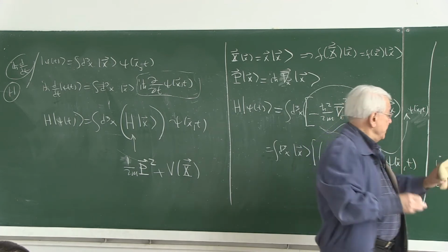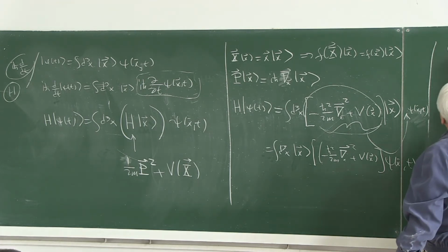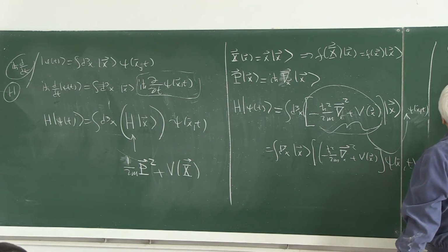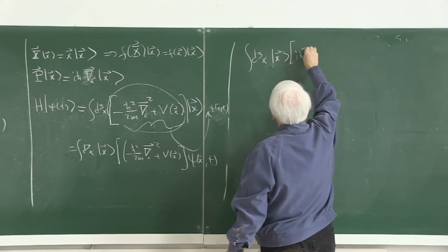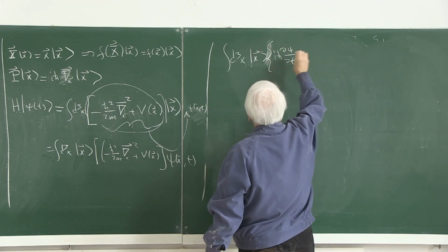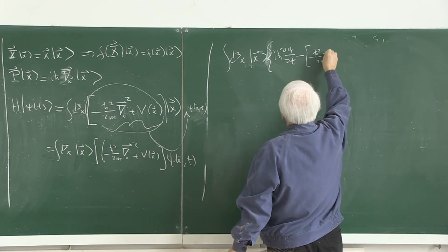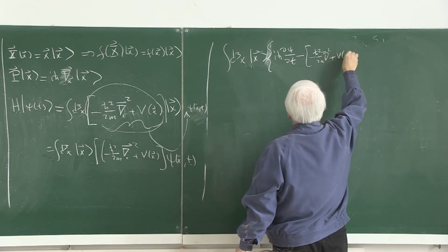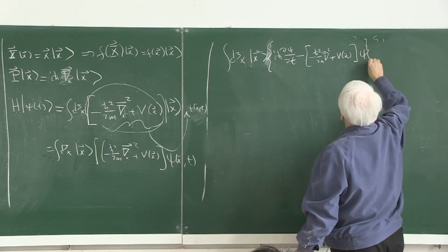Therefore, if we collect everything to the left and write it in the form, i h bar d psi dt, and a better notation is this, minus h bar squared over 2m del squared plus V of x, acting on psi, is equal to 0.